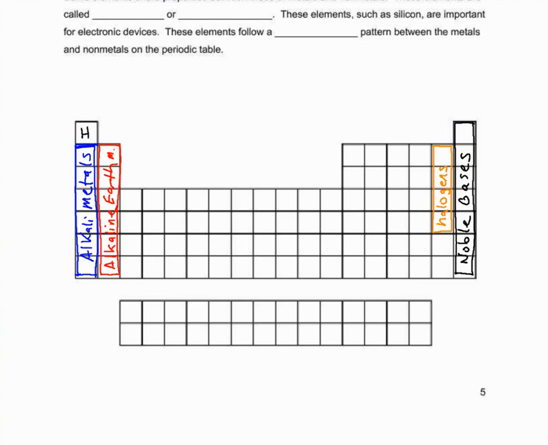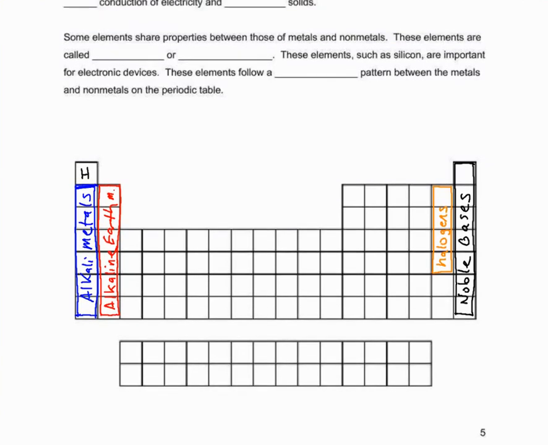It includes helium, neon, radon, some things that you've heard of. So these are some specific family or group names that you'll need to know. These ones, we really just call them by their first element name.